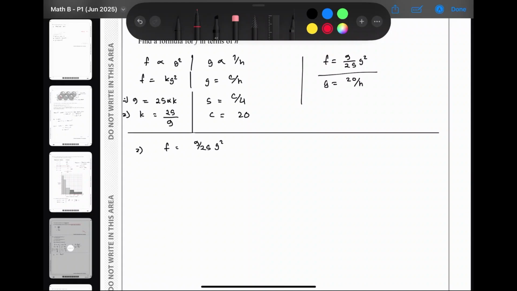Here, we can start by putting the equation of g into the equation of f, then simplify it to get our desired answer. And we get this equation of 144 over h squared as our answer.